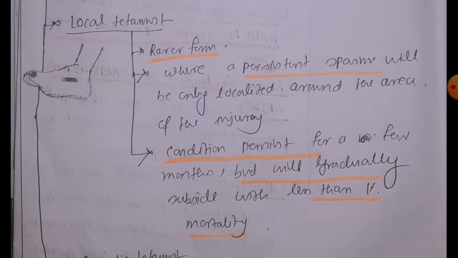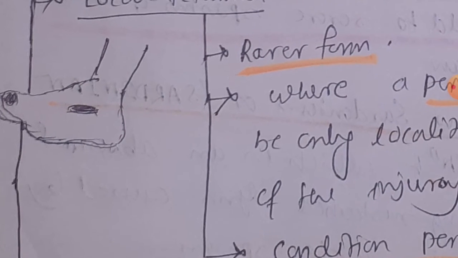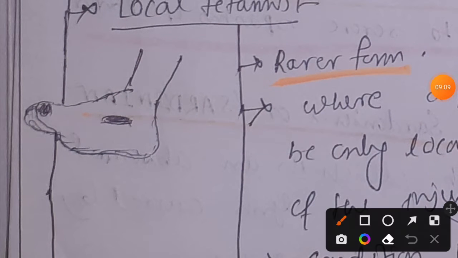Okay, now it's time for localized tetanus. It is a rarer form of tetanus as compared to generalized tetanus. Here you will have persistent spasm only around the area of infection.